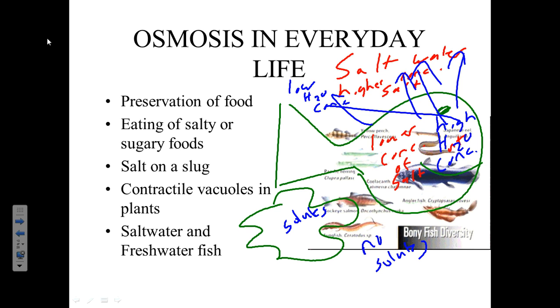So what's constantly happening to this little amoeba? What's water doing? Going in or coming out? Water moves from where there's less solute concentration to where there's more solute concentration, all right? Water's going in. And if this little one-cell amoeba doesn't watch it, what's going to happen? He's going to blow up and explode.